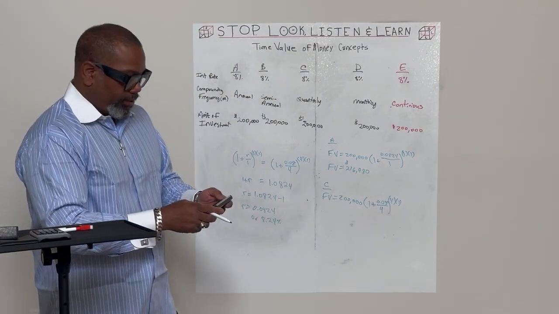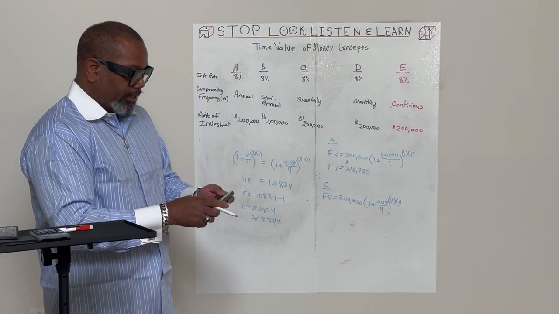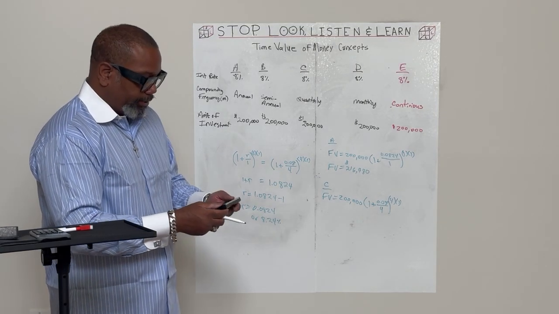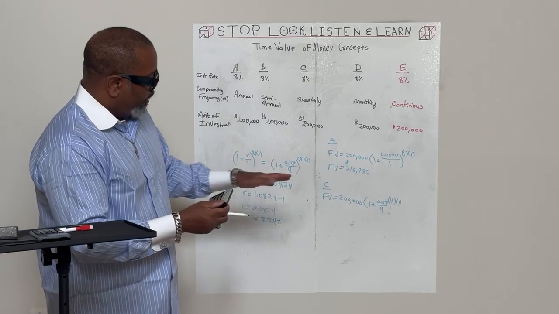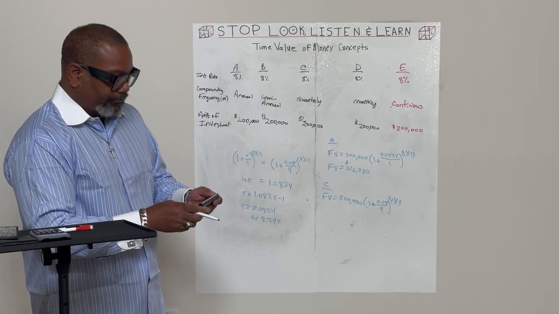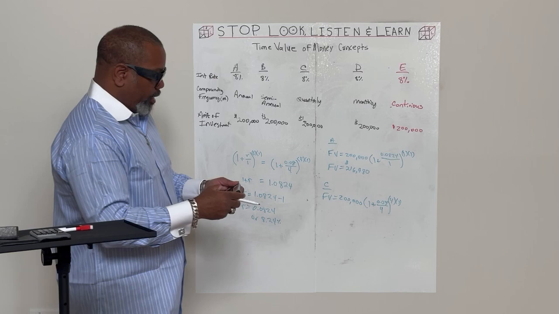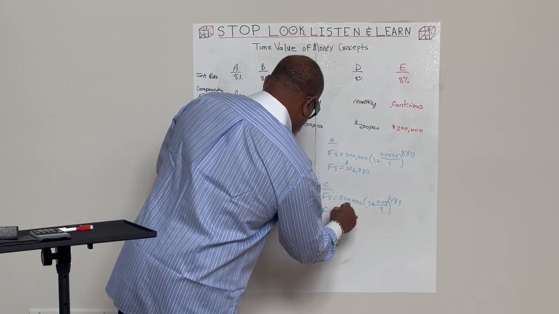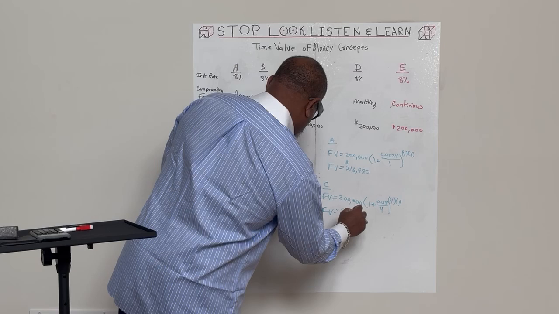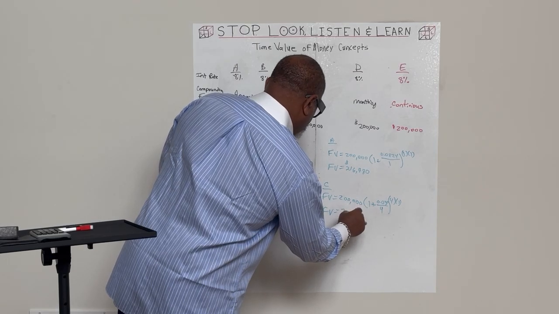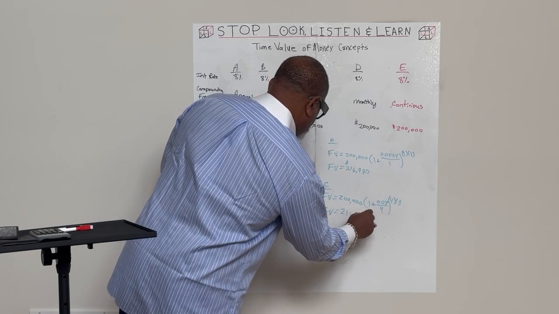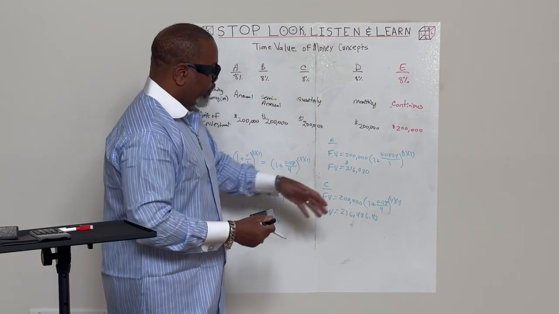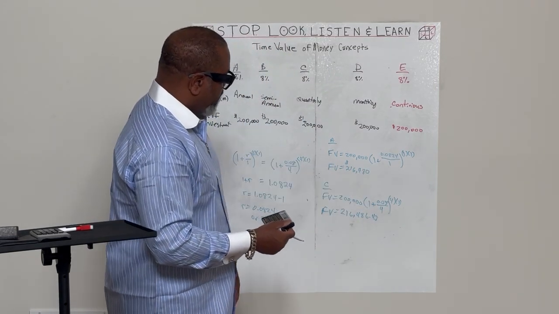So that is 0.08 divided by 4 plus 1, and then we're going to raise that to the 4th power, and then we're going to multiply that by 200,000, and that's going to give us $216,486.43.